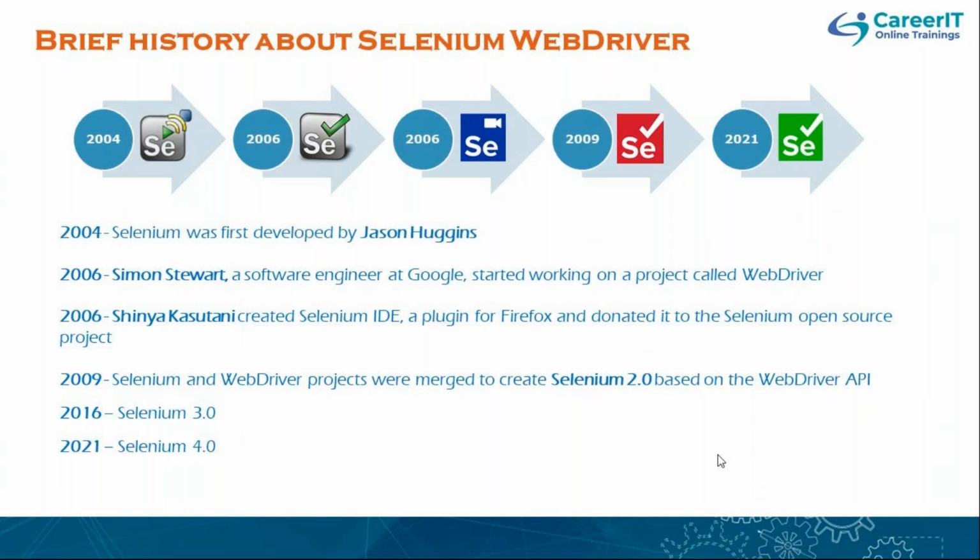Okay, and there are other major years. So 2.0 was released in 2009, right? After 2009, in 2010, 2011, 12, 13, all these years they were releasing some other sub versions like 2.1, 2.2, 2.3, like that. So they were improving their tool, adding some features, fixing the defects, all those things they were doing between 2009 and 2016.